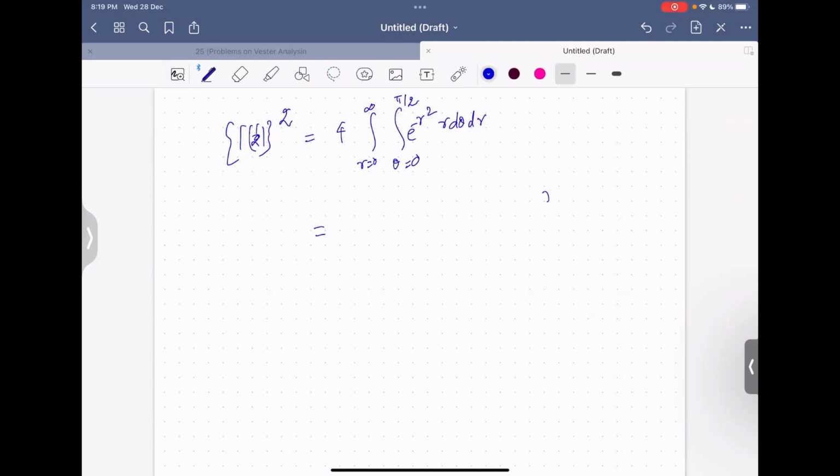So now again you can put r square, let's say, equal to z. So 2r dr is dz, and theta will get integrated over, of course, because there is nothing in the integrand depending on theta.